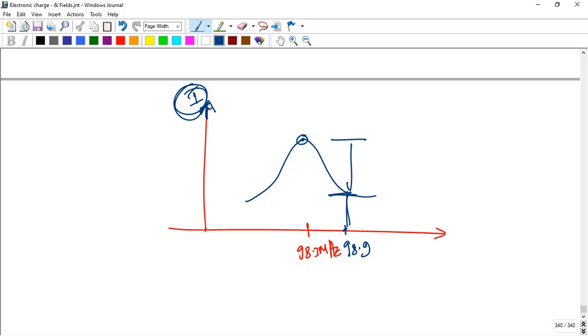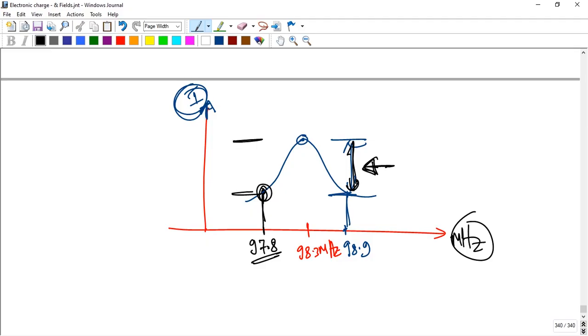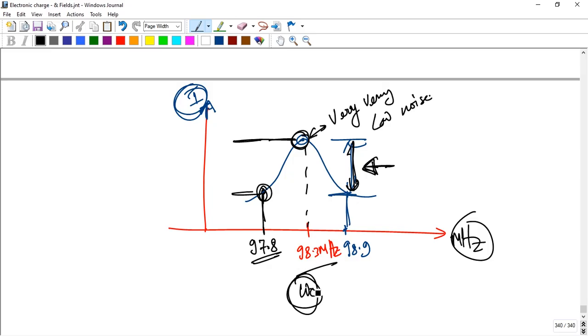These drops introduce noise. You can also listen to the radio Mirchi or any radio channel there, but there is also noise, because there is very low noise only at this omega naught frequency when they are matched, in resonance.